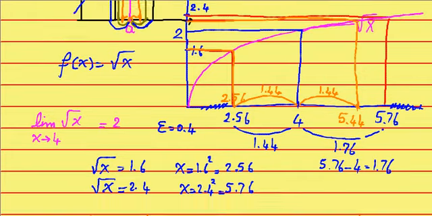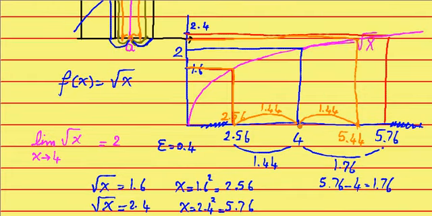Let's look at this picture here again. If the distance of x from 4 is less than 1.44, then the distance of square root of x from 2 is less than 0.4.